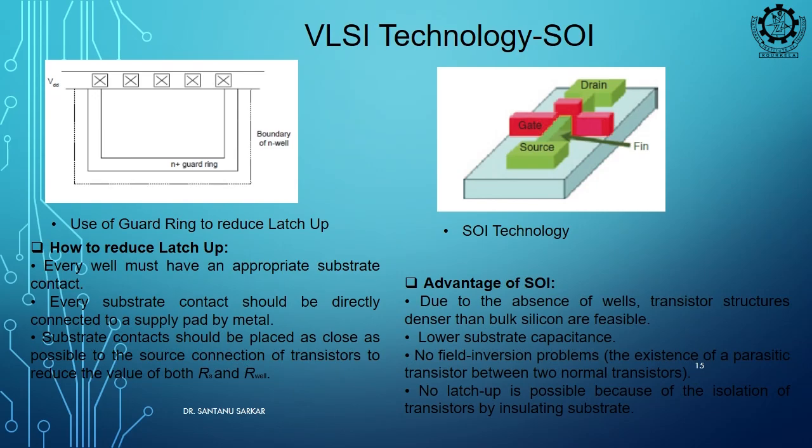Okay. Next is technology, some hints on how the technology could help us in designing low power circuits. This is how we can reduce the latch up, this is called guard ring, guard boundary. I am just giving you one small hint on how we can do that.